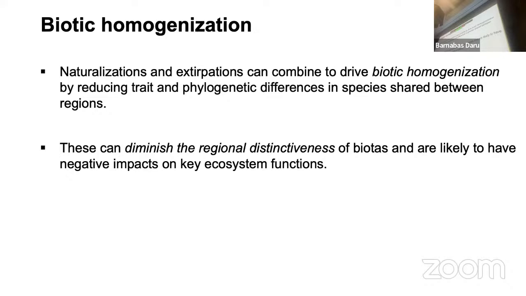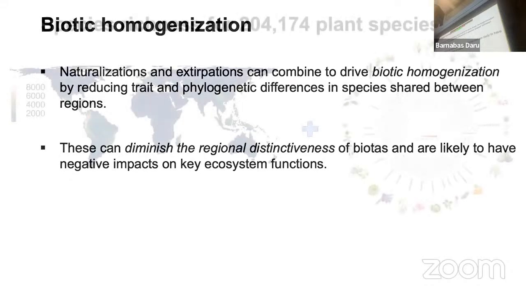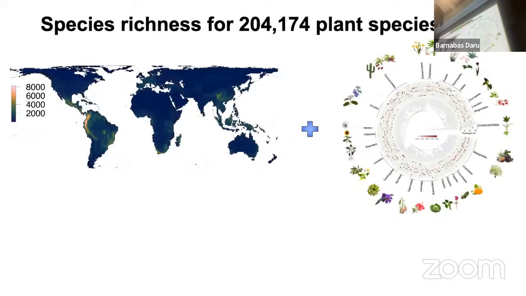So to understand how this concept of biotic homogenization is playing out in plant communities, we first assembled a database, which we call green maps of species distributions. And so we did this for over 200,000 plant species across the globe.